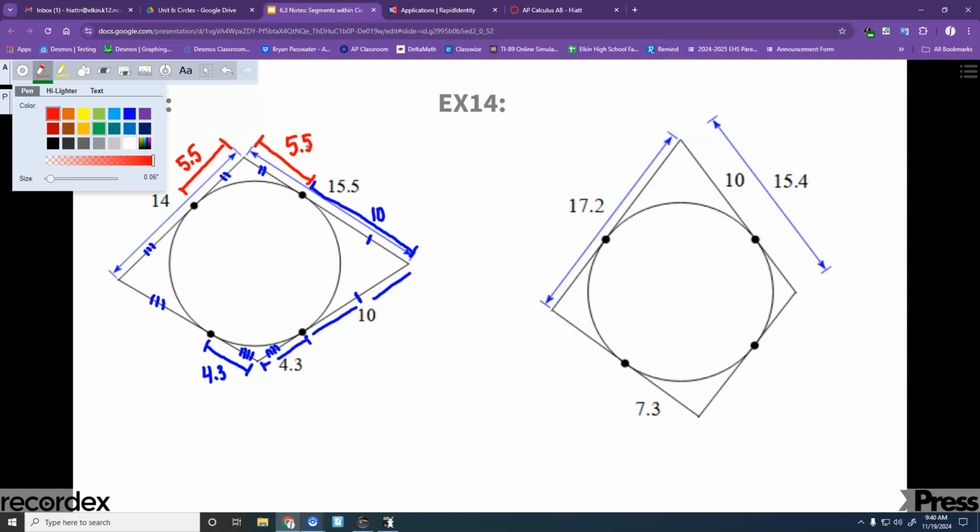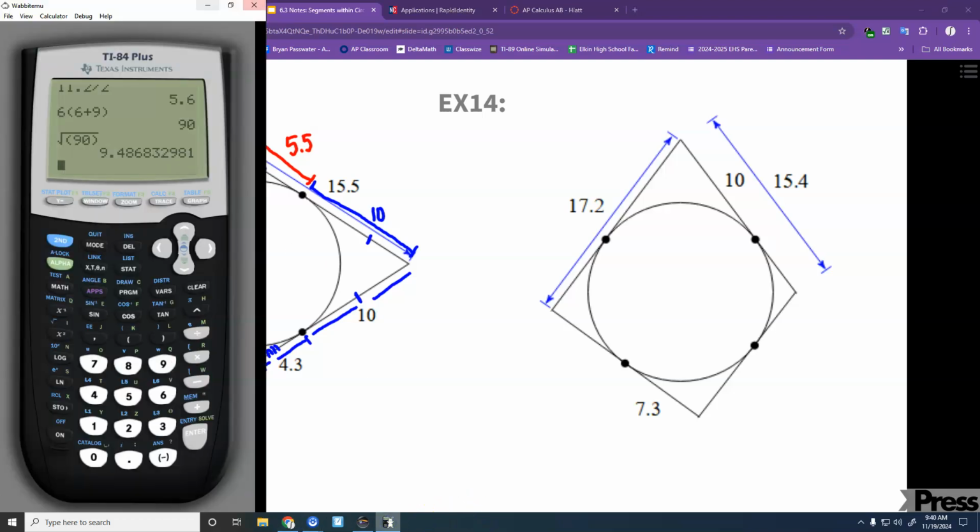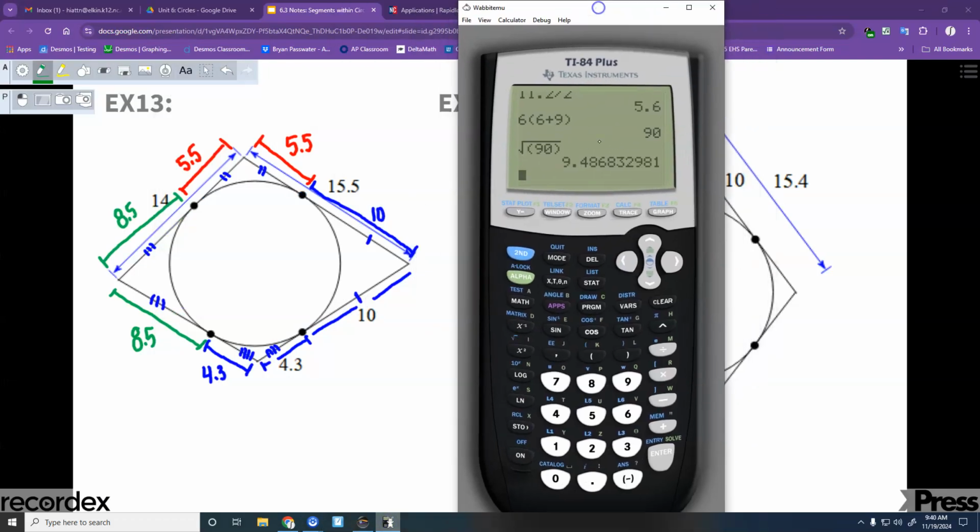Okay? So let me switch to a different color. What does that give us here? 8.5. Right? We can just do 14 minus 5.5 to find this piece. And if that is 8.5, what is this piece right here? 8.5. So what we can do here now that we know all of our pieces is we can just add them all up because that's how we find perimeter.